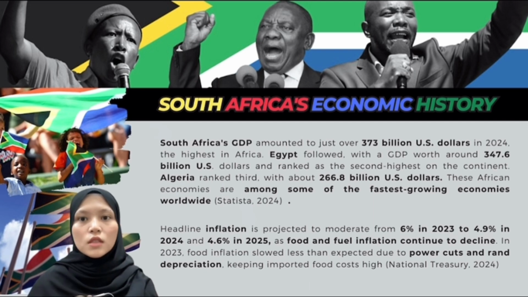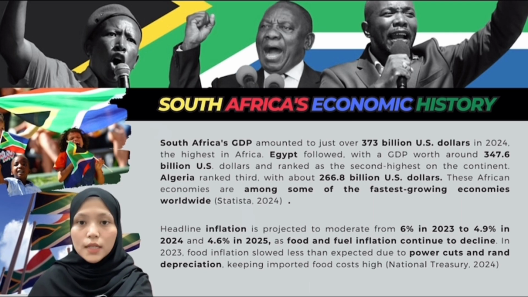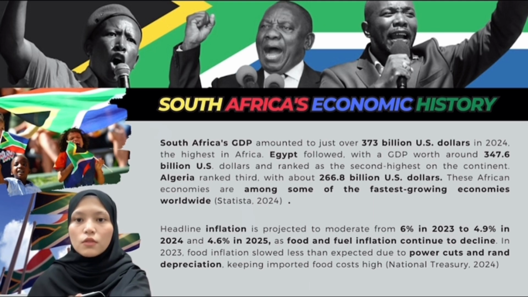However, in 2023, food inflation slowed less than anticipated, driven by power cuts and the depreciation of the rand, which kept imported food costs high. An avian influenza outbreak also contributed to the rise in poultry and egg prices. Fortunately, these pressures are expected to ease over the medium term. Overall, both the economic growth of these leading African nations and the inflation outlook show promising signs for the future.